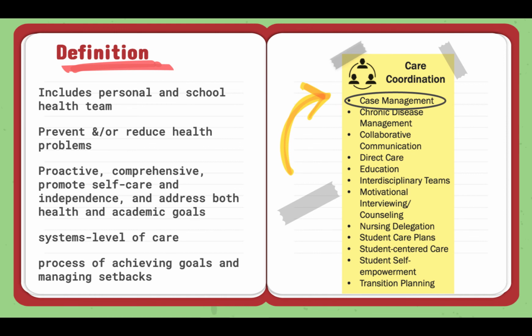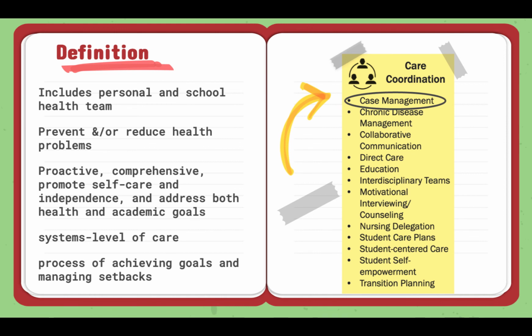The strategies that are implemented are proactive. As I said, they're comprehensive. They promote self-care and independence of the family and the child, and they address health and academic goals and are outlined usually in the student's healthcare plan, although not always. But that's the idea, that the child has a healthcare plan that lays out all of these different comprehensive types of goals.